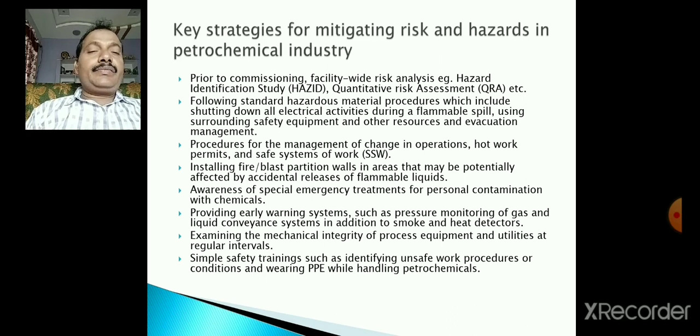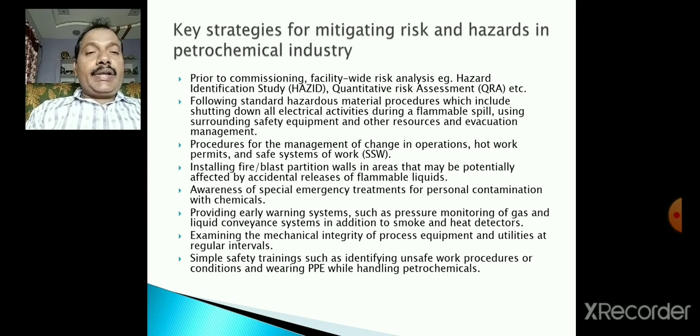So, awareness of special emergency treatments for personal contamination with chemicals. That means we have to conduct certain training programs and train the workers about the emergency conditions and how to escape such conditions, and know about the chemicals that are flowing in the industry.